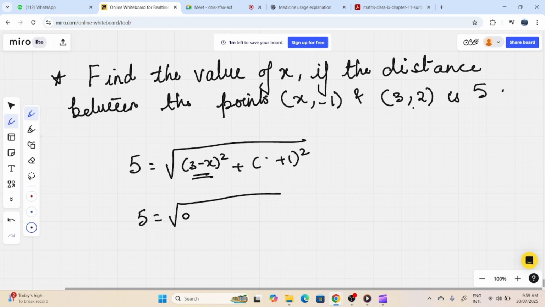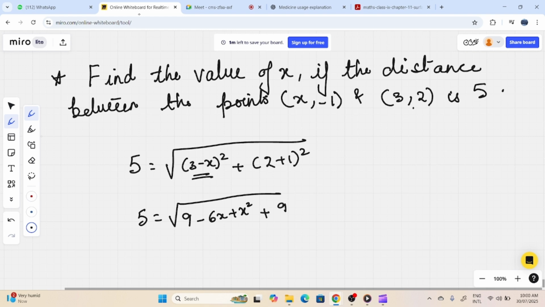That's my mistake. 2 minus minus 1 will become plus 1. So here we have to use the identity (a minus b) whole square equals a square minus 2ab plus b square. Ma'am, I didn't do that. What I did was I took 2 plus 1 and made it into 3 whole square.